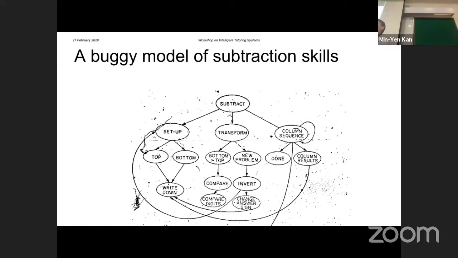So in subtraction, for example, a student may not know how to subtract a bigger digit from a smaller digit. They may just take the difference, right? So 2 subtract 9, they can just put 7. So that's very feasible, right? Someone who's trying to learn borrowing may not have reached that stage. They'll just take a difference.